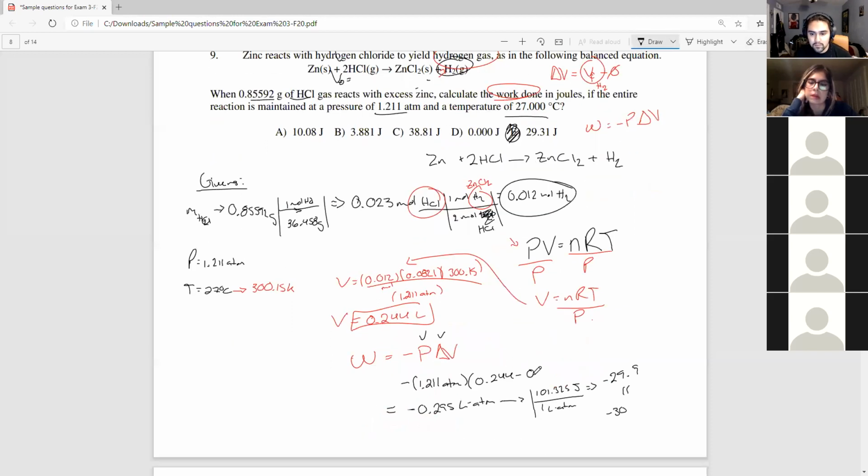I have a question. How do you know when you're going to use all the information given? On this one, the grams of HCl you use to find the n in nRT, and then you use the atm and the degrees Celsius.